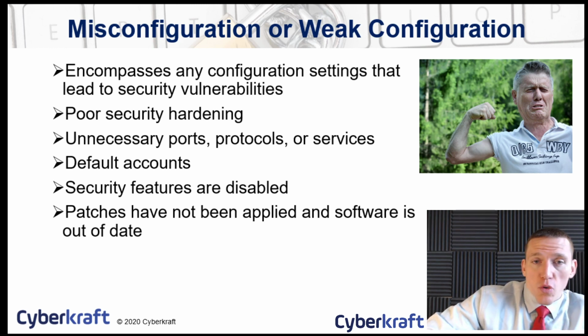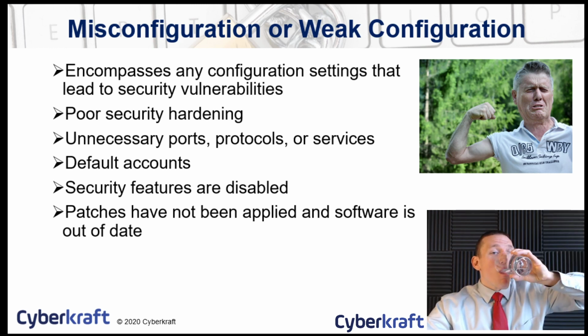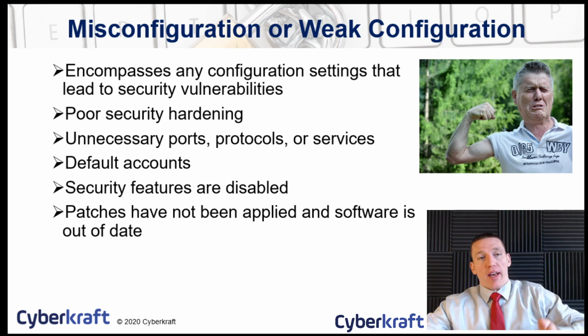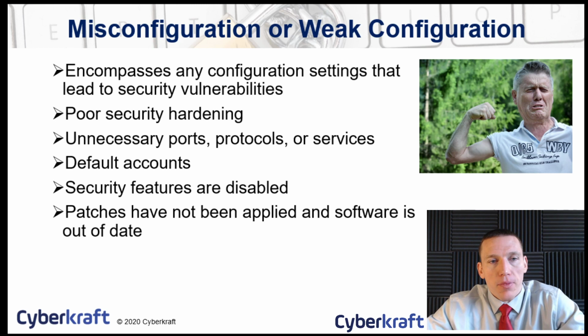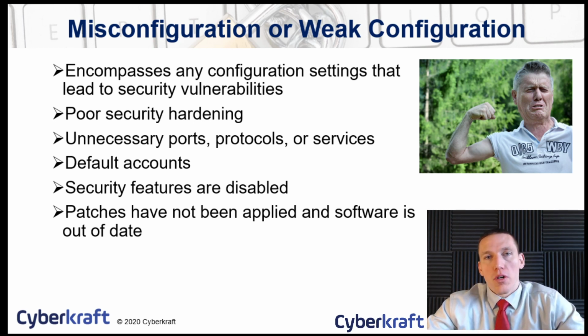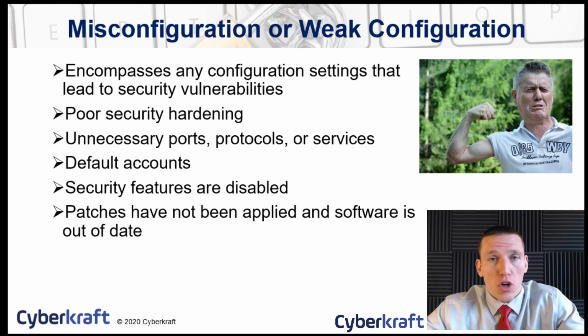Okay, misconfiguration or weak configuration. This is basically poor security hardening. Okay? This encompasses any configuration setting that is going to lead to a problem or lead to a vulnerability. A misconfiguration could be leaving open an unnecessary port or using an insecure protocol.